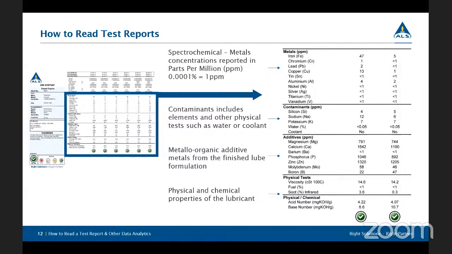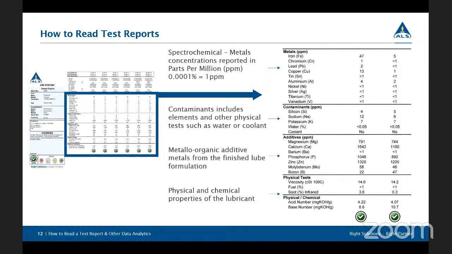Then we have an additive section below that, which shows those metallo-organic additive packages that those manufacturers put in. And depending on what fluid's in use and whether or not you change, you're going to see those levels change. So you might see the ratio between phosphorus and zinc change, calcium and magnesium. You might see more moly in a different fluid.